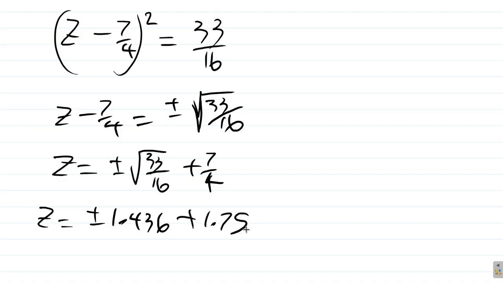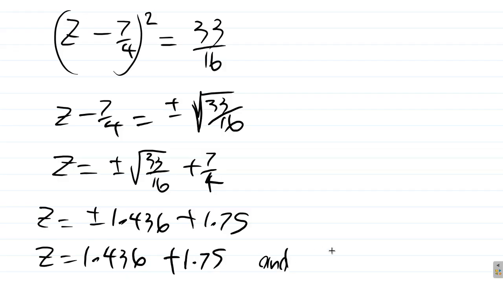Now, in that case, you have z is equal to 1.436 plus 1.75, and you have another case where z is equal to 1.436 minus 1.75.